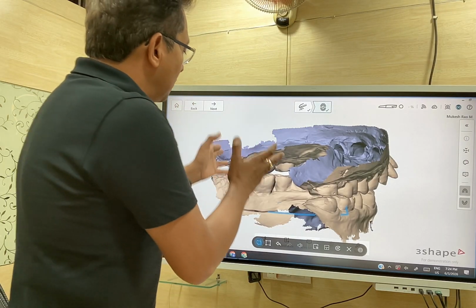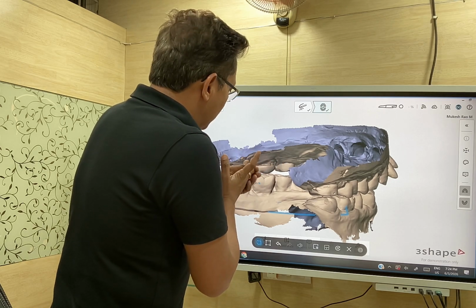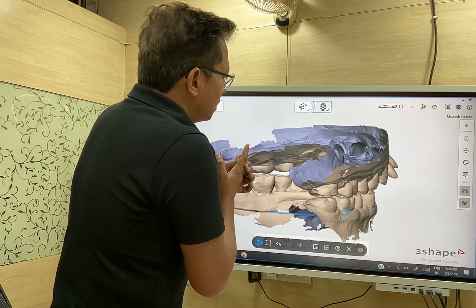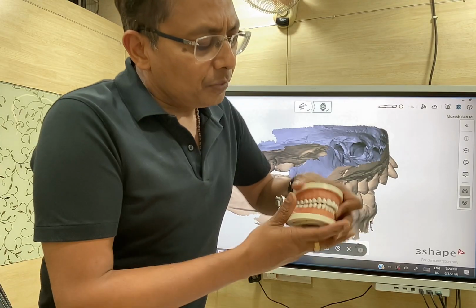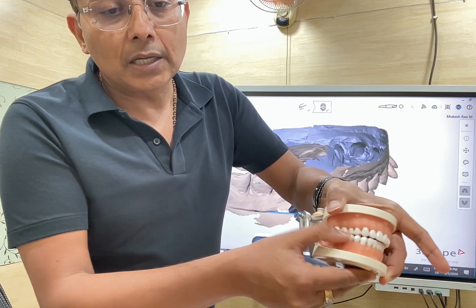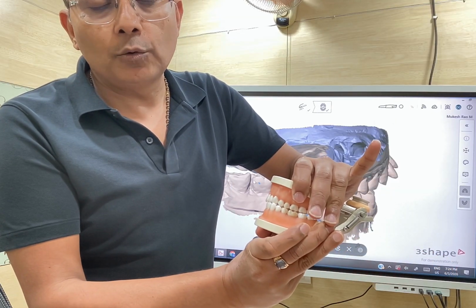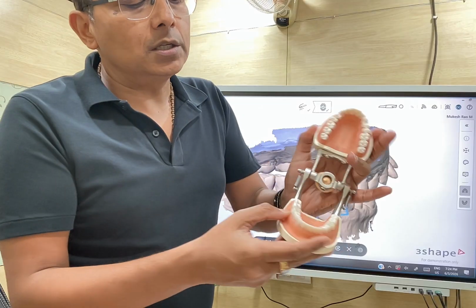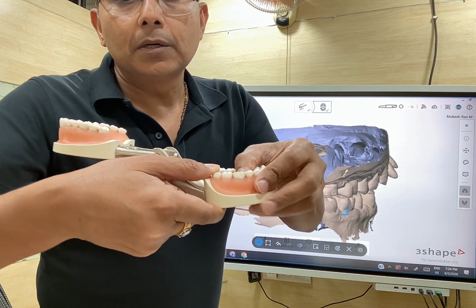We create canine guided occlusion. Anterior guidance is done, posterior interference free while moving the jaw sideways. Means when you move the jaw sideways, the posteriors don't slide and touch. They do not interfere. This is canine guided occlusion, and we distribute the forces by creating the cusp tips.